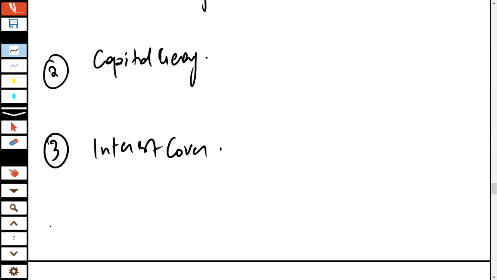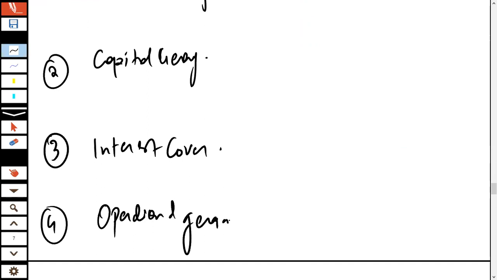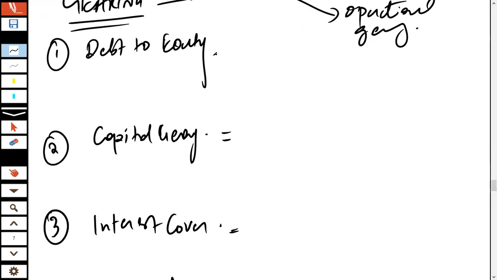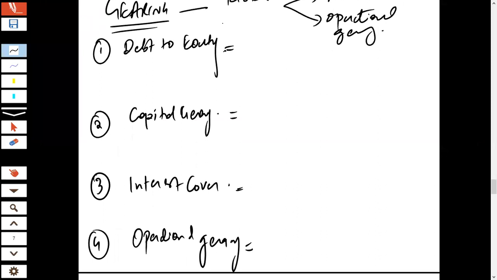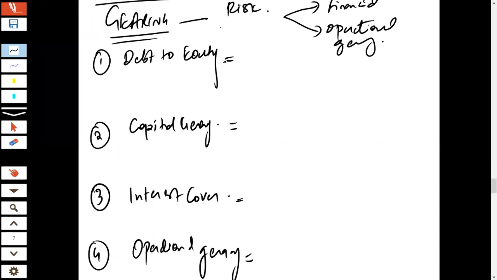And the fourth one is operational gearing, which I'm writing down over here. What I would want you to do is to try to fill out the formulas for these: the debt to equity ratio, the capital gearing, the interest cover, and the operational gearing.